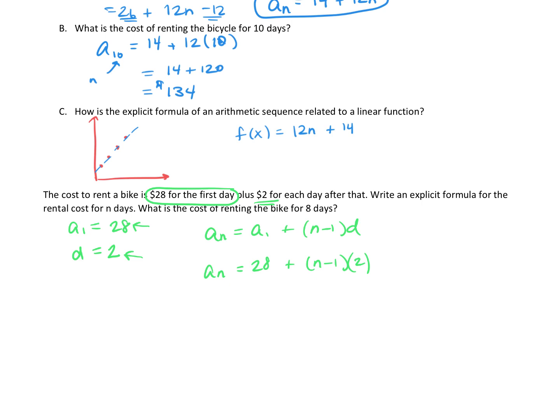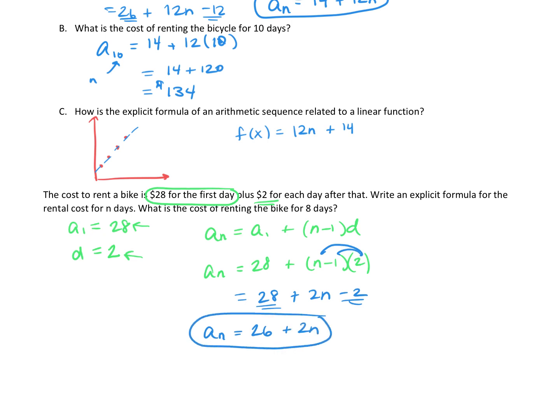We can distribute that 2 from the end of the parentheses. So 28 plus 2n minus 2. A sub n equals, like terms, 28 minus 2 gives us 26 plus 2n. So there's the explicit formula for the rental cost for n days.